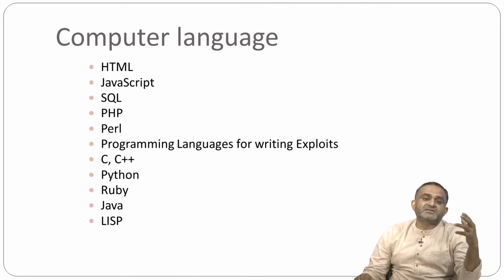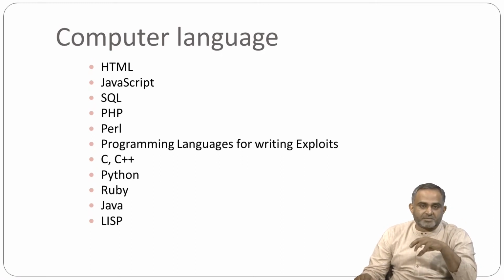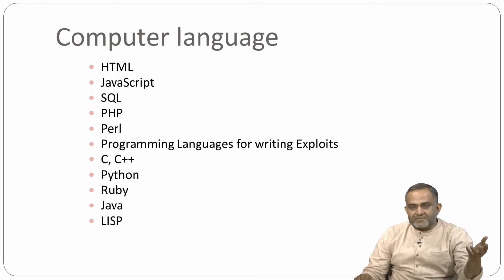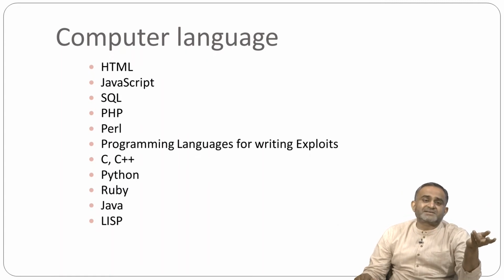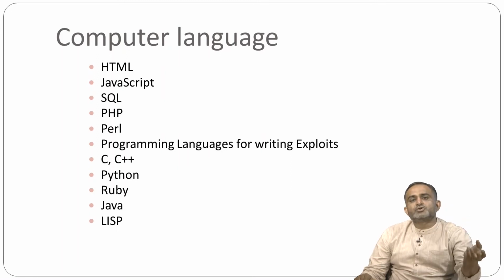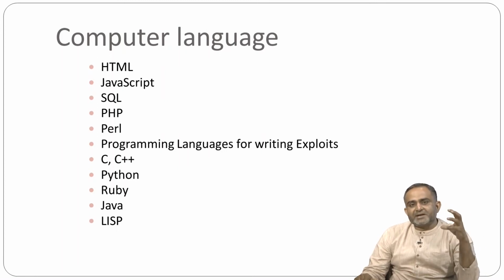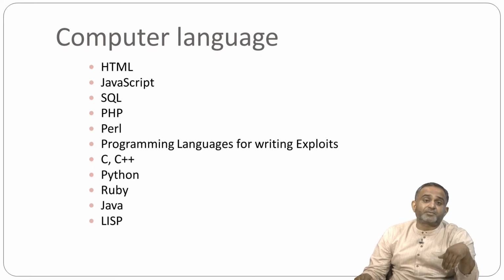Ruby is a complex object oriented programming system. Next, Java is also used for better handling of the network, or enterprise application development. And Lisp is the second oldest modern day programming language. So, these are the languages which have been used to write code for attacks, and also to prevent attacks.